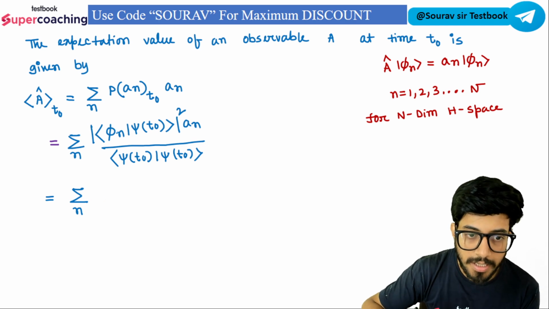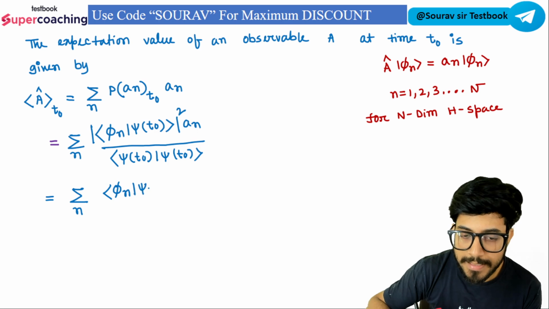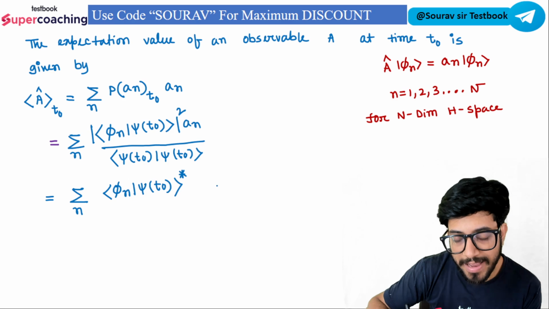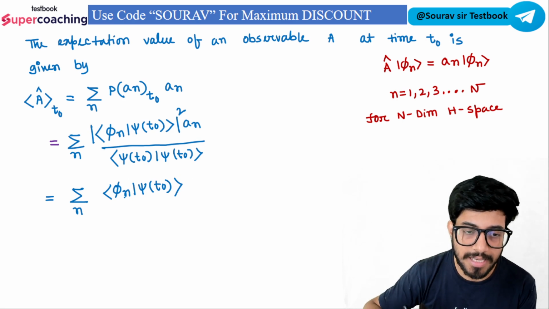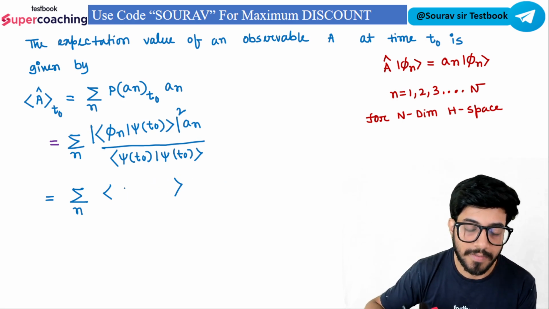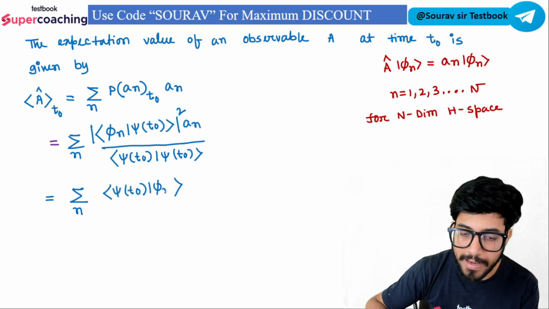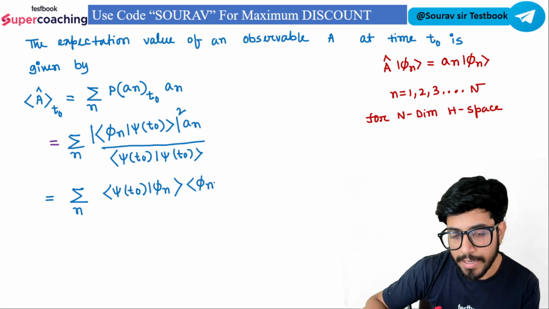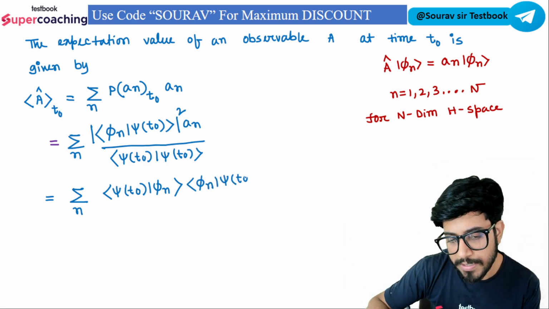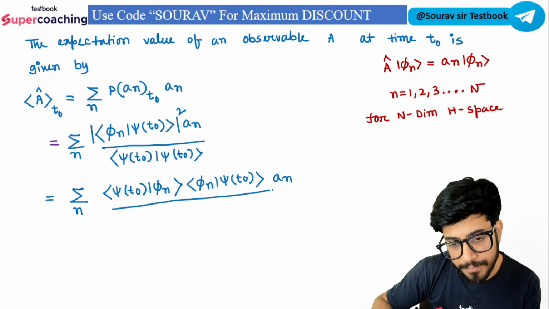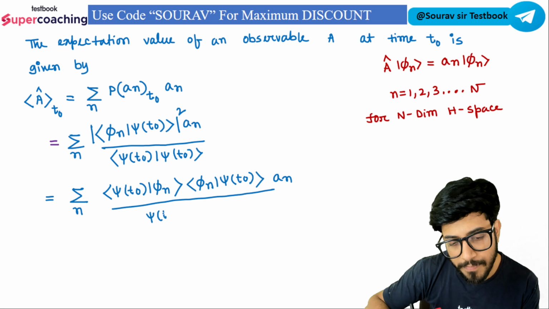This is actually phi n psi of t0 star times phi n psi of t0. Phi n psi of t0 star is psi of t0 phi n. So I can write it as psi of t0 phi n psi of t0 into an, divided by psi of t0 psi of t0.